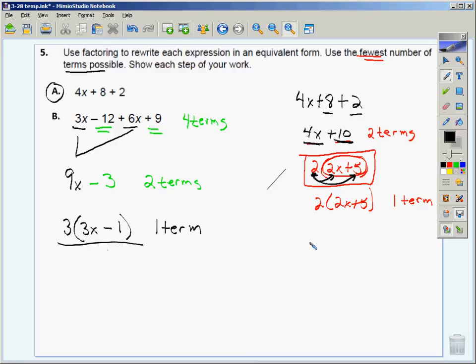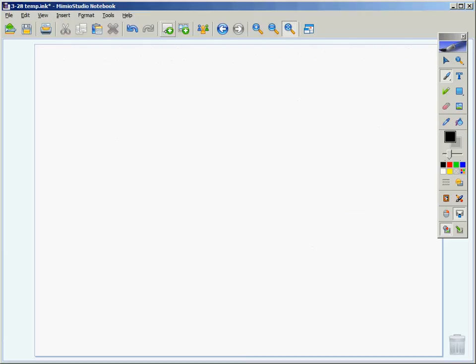Terms are only separated by what? Addition and subtraction. You can write a great big long expression. How many terms? 1.